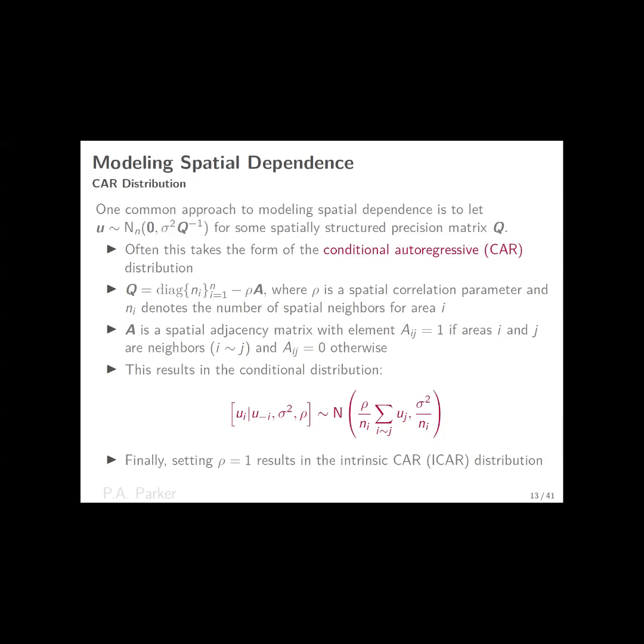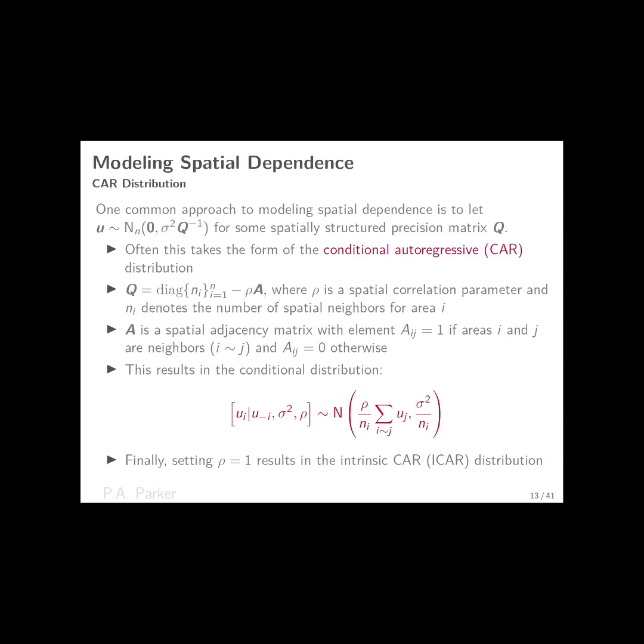So in this case, Q is going to be a diagonal matrix with elements n sub i minus rho times the matrix A. And so this matrix A is going to be a spatial adjacency matrix. So A_ij is equal to 1 if areas i and j are neighbors. So we can denote that as i tilde j. If they're not neighbors, then A_ij is 0. By neighbors, we often mean that they share a border. That's one example of spatial neighbors that you could consider. So this is our matrix A, and then n sub i is just the number of neighbors the area i has.